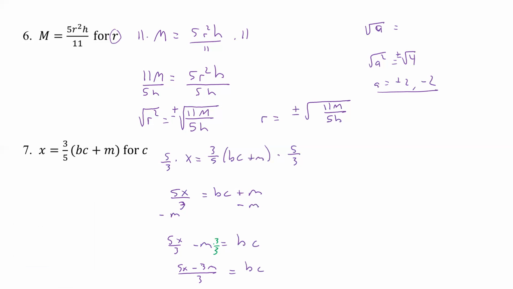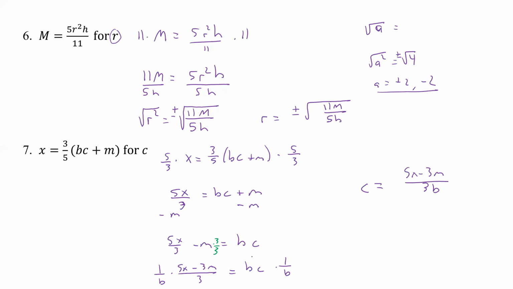So now we've got it as one fraction. We don't have to worry about the mixed fractions, because now if we multiply by 1 over b, it's going to be a lot easier. We just take that times 1, that times that, and we get c equals 5x minus 3m all over 3b. Okay, and so that would be how I think that should be represented.